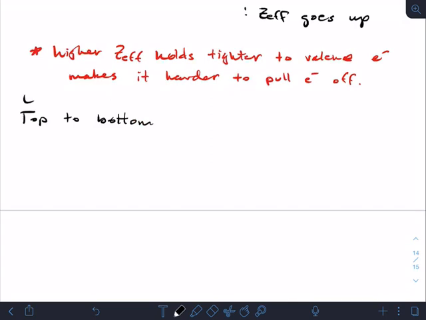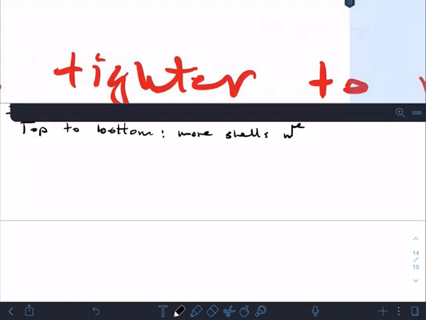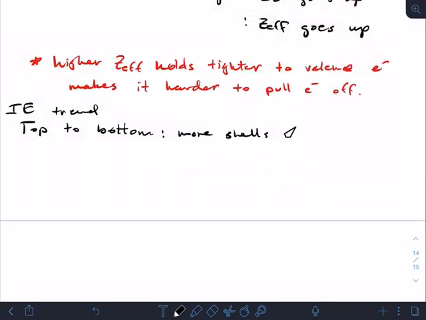The trend going top to bottom for ionization energy: the idea there is that more shells mean the valence electrons are farther away.